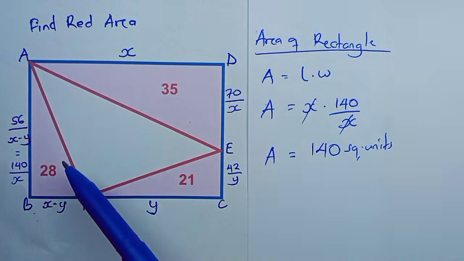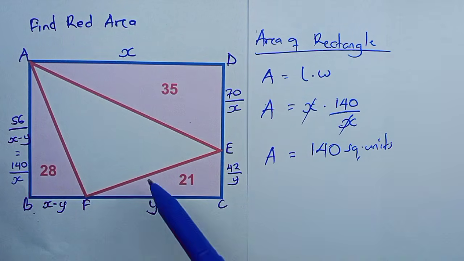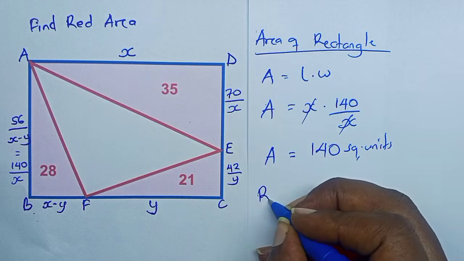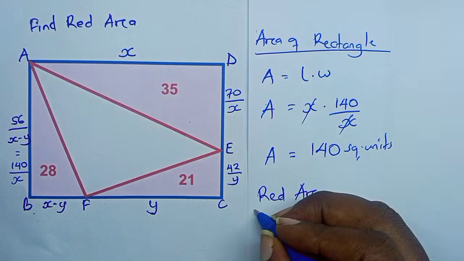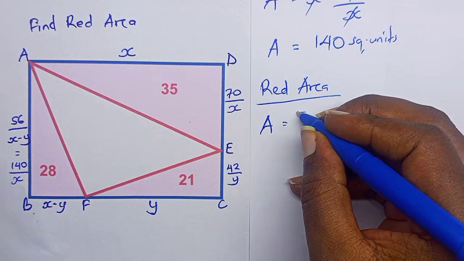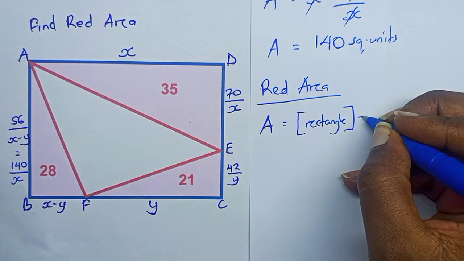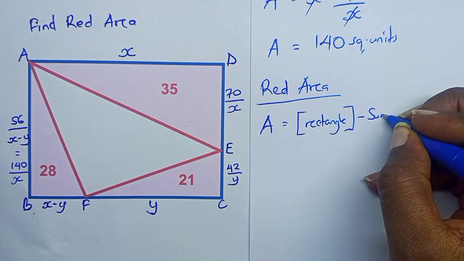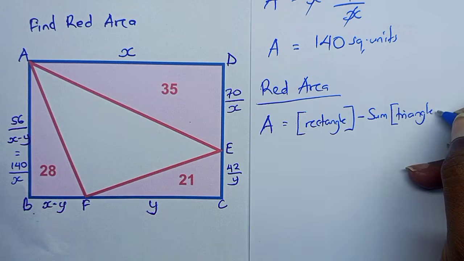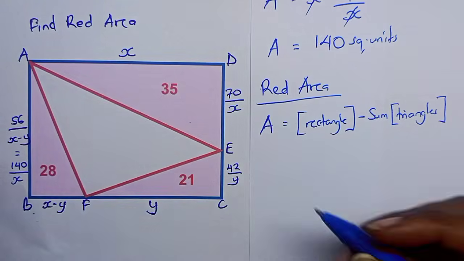But remember, they want us to find the area of the shaded red area. Therefore, the area of the red area will be the area of the rectangle minus the sum of the areas of the provided triangles, this, and this.